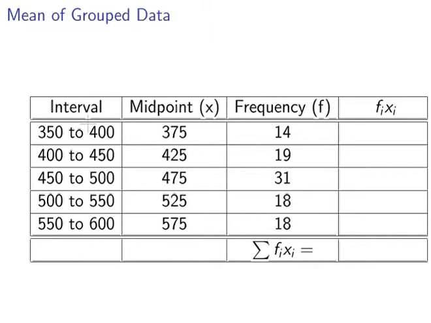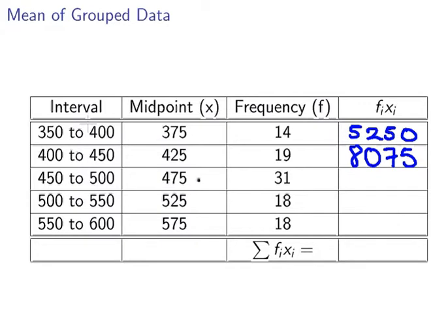I've set up this table here, and I have an extra column on the right hand side. This is calculator work now. In the first case we have 375 by 14, so that's 5250. In the next case, 425 by 19, that's 8075.